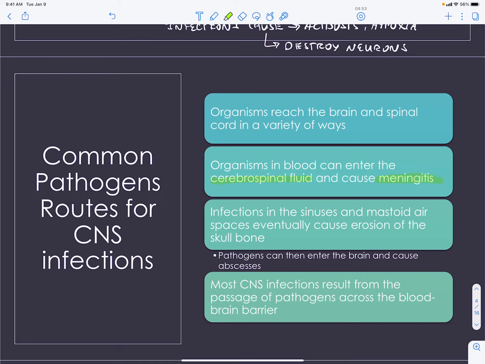And some infections in the sinuses and your mastoid air spaces can cause erosion of the skull bone, and that's how some of your amoeboid parasites get through. And then these are going to cause abscesses and are going to enter the brain proper. But most central nervous system infections, again, are going to result from the passage of pathogens across the blood-brain barrier. And they can do this by many mechanisms.